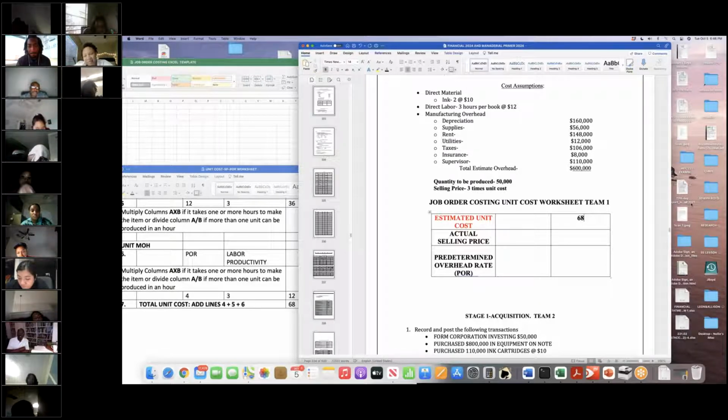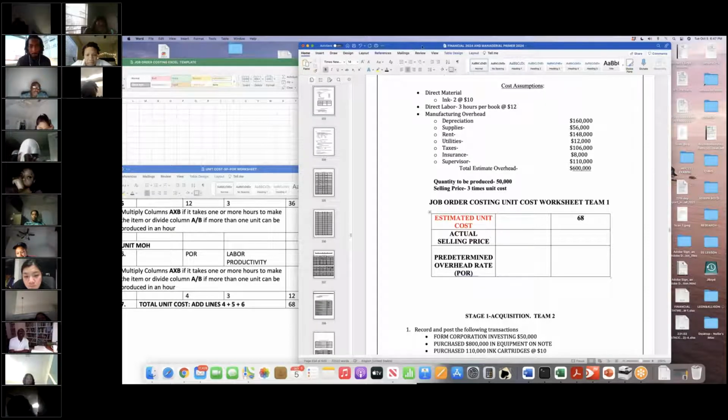Oh yeah, I remember you said that. We got to bring the ink cartridges in, count them, and make sure we have 110,000 ink cartridges. Then we'll pay them later. So we're going to debit raw materials, ink.